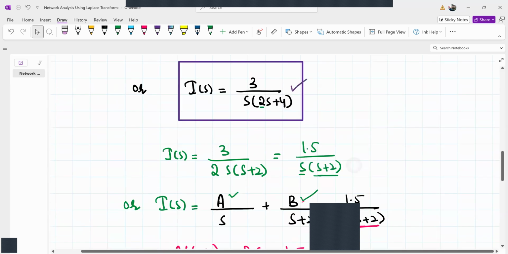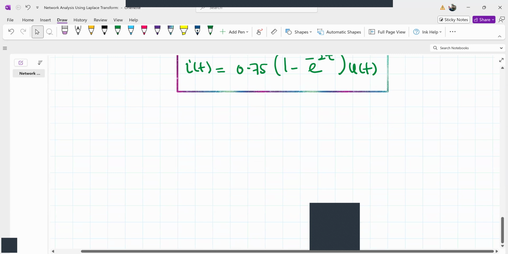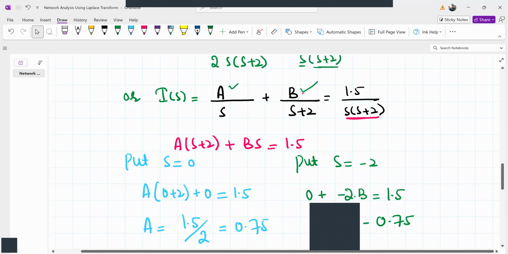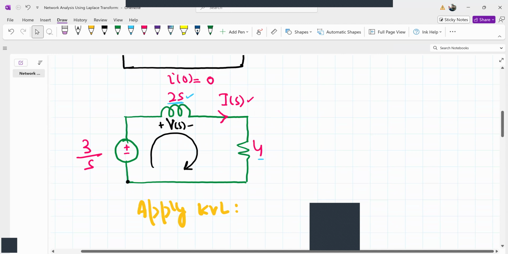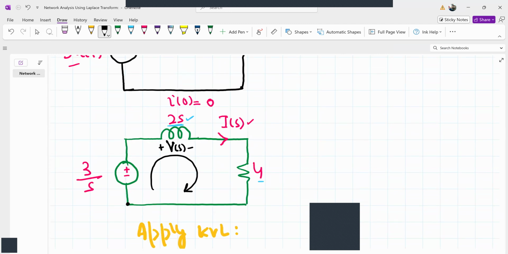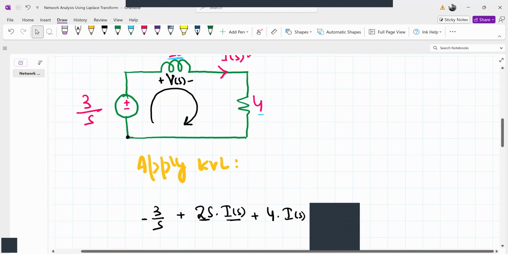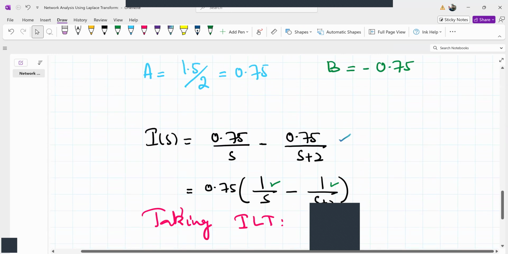We know the voltage across an impedance is I times Z, where Z for this element is 2s, and the current flowing is I of s. So how do I write V of s in terms of I of s?